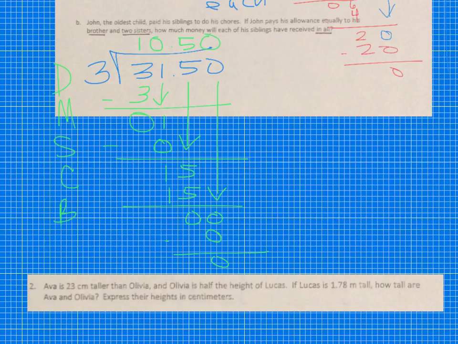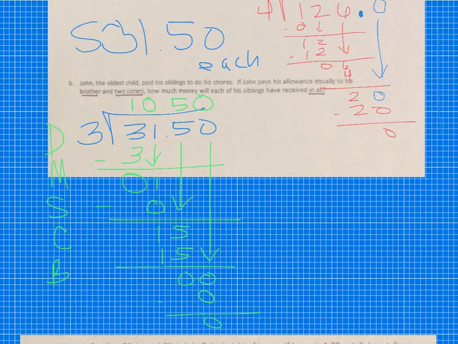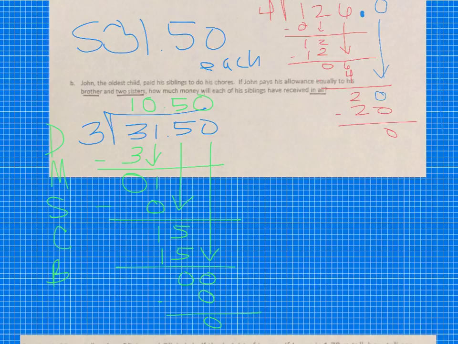Welcome back. Hopefully you have your division done, and I did my division here when I divided $31.50 by 3. I got $10.50. But that is how much money, if I look back up here, it says John, the oldest child, paid his siblings to do his chores.